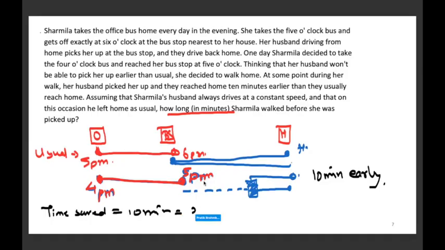If I take the going and the coming back as x plus x, 2x is 10, so x will be 5 minutes, which means the husband took 5 minutes to reach this spot and 5 minutes to come back home.